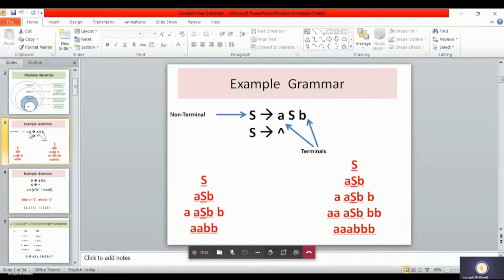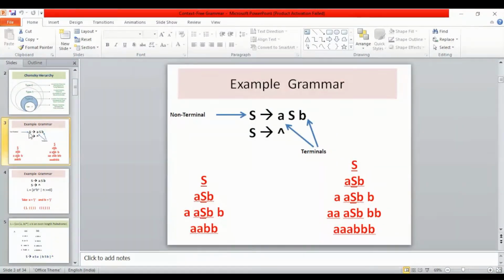These a and b are known as terminal symbols of the grammar, and the symbol S is known as a non-terminal symbol of the grammar. For non-terminal S, we have two different alternatives here. Either I can replace non-terminal S with aSb, or I can replace non-terminal S with null.